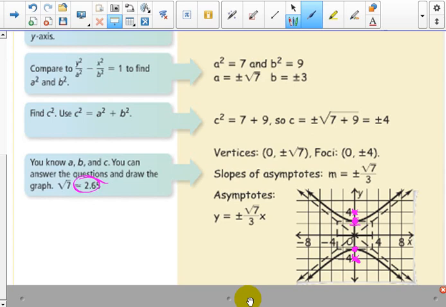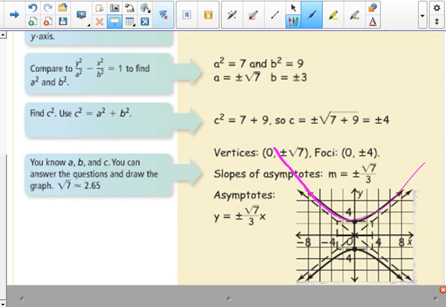But you can also use the vertices and then the B value to get this side. And just draw your box if you don't want to graph those lines. And draw the lines through the corner of the box with your A and B values. And now draw your graph.